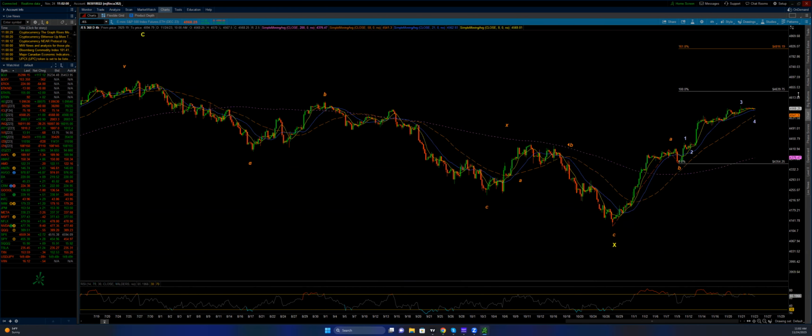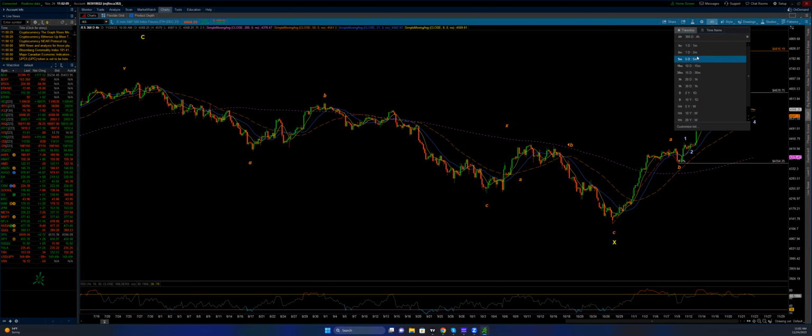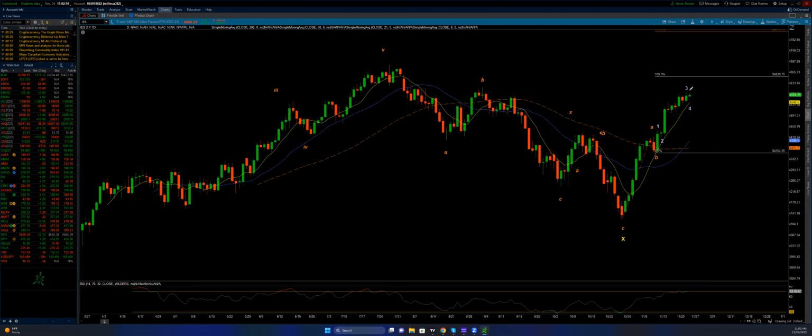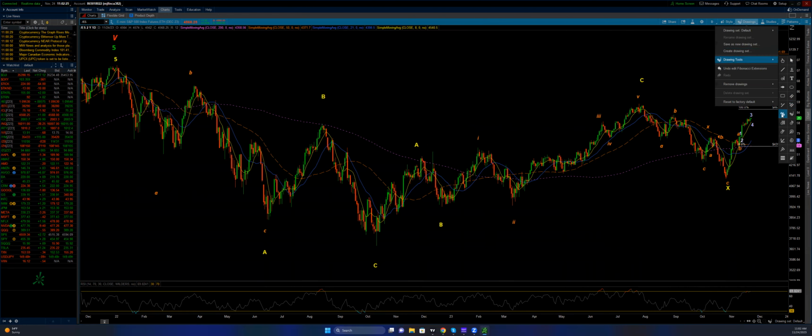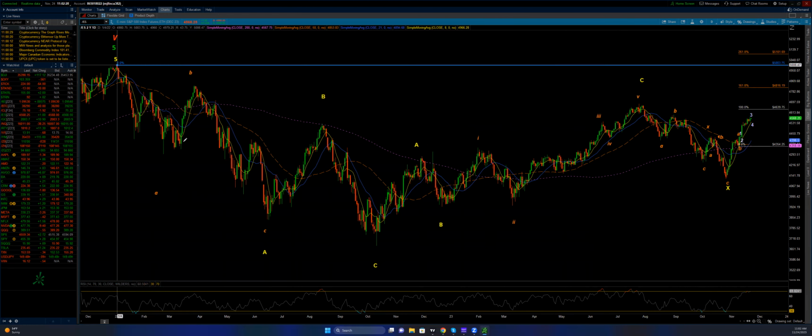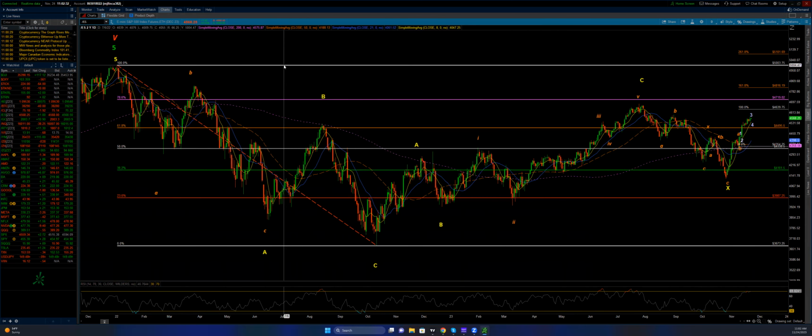What's above? 1.618 is 48.16. So then what are we looking at in the S&P? The very strong possibility, again, if it's the double ABC, is that we're going to go irregular, and in that case, I'm going to bring this back down and measure that.